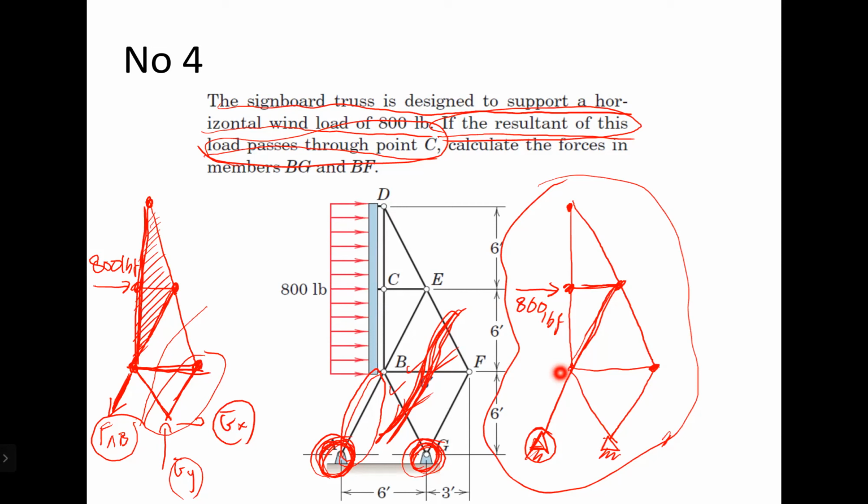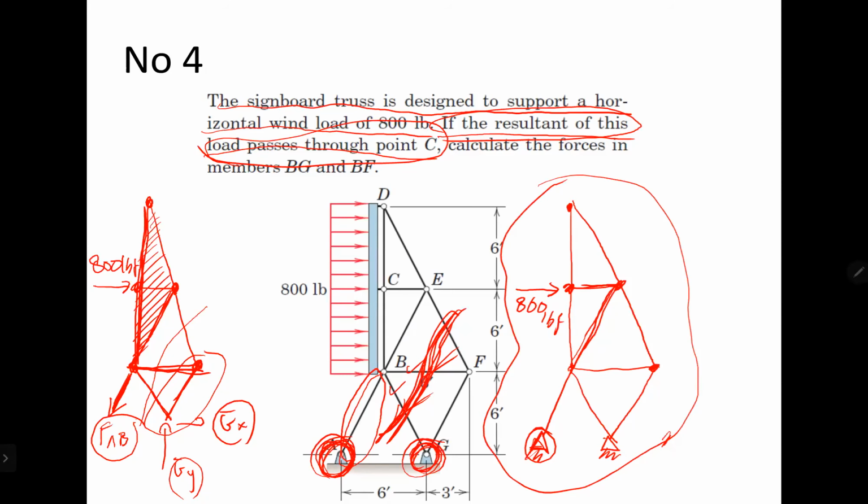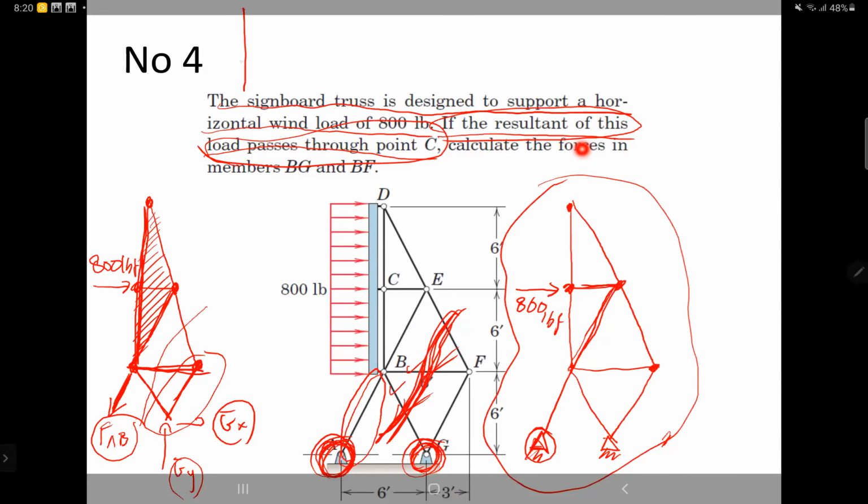The rest will become external forces, right? Yes, sir. FPG will become an external force, FPF will become an external force, FEF will become an external force. So your first free body diagram, the top free body diagram, will become like this.